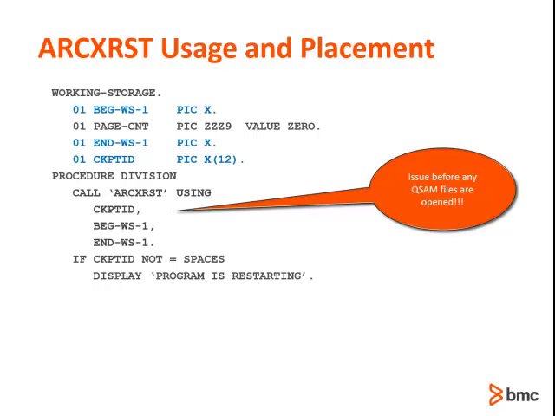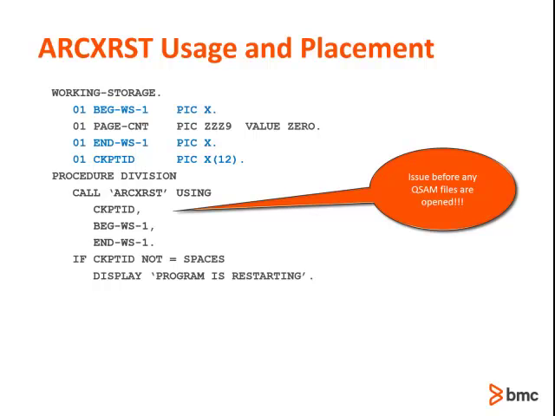ARC initiates restart processing when the ARC XRST call is issued. BMC recommends the placement be very early in the program execution. It is very important to execute the ARC XRST call before any QSAM files have been opened. ARC only intercepts QSAM opens after the ARC XRST call has been issued. Any opens issued before the ARC XRST call are ignored by ARC.